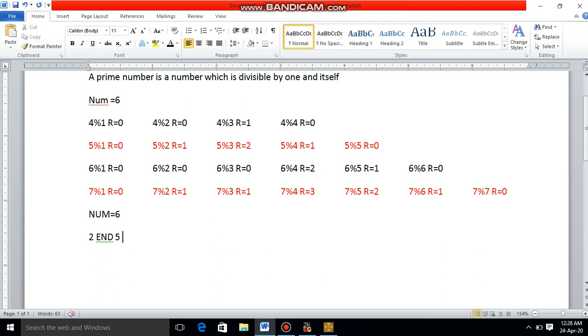That is, we start with 2 and end up with num minus 1. So num equal to 6, num minus 1 is 5. You should be very clear in this.